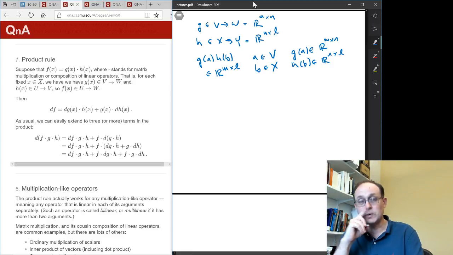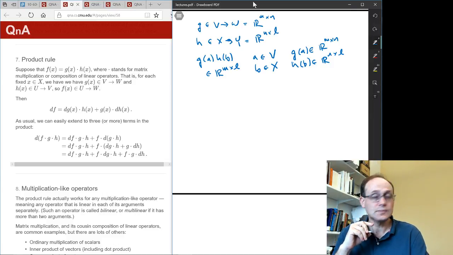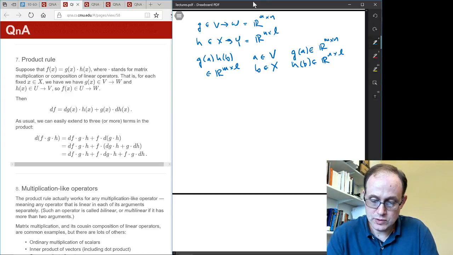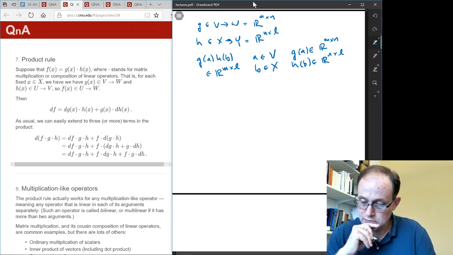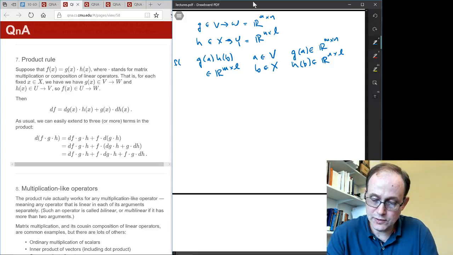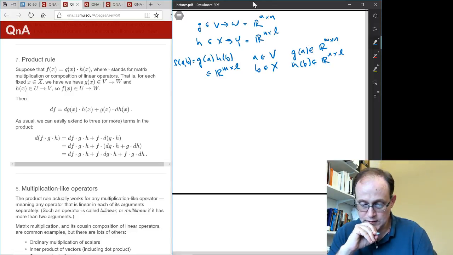So that expression type checks. And then we said that f of a comma b is equal to that.